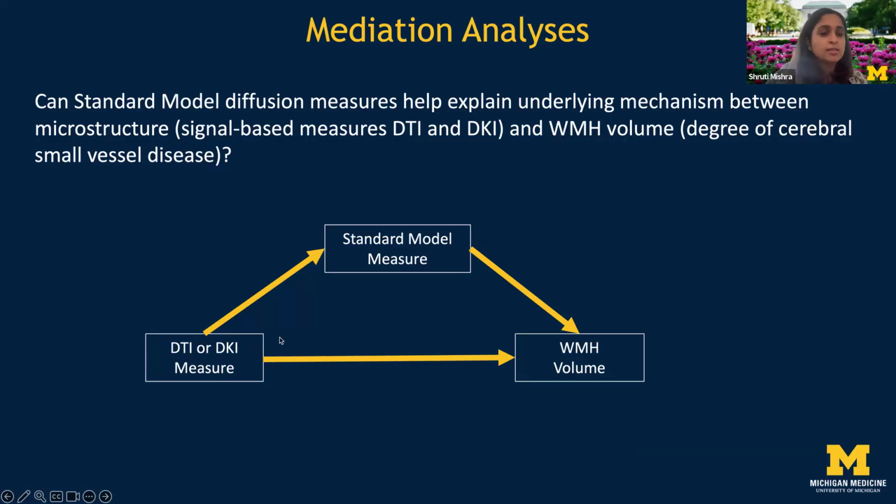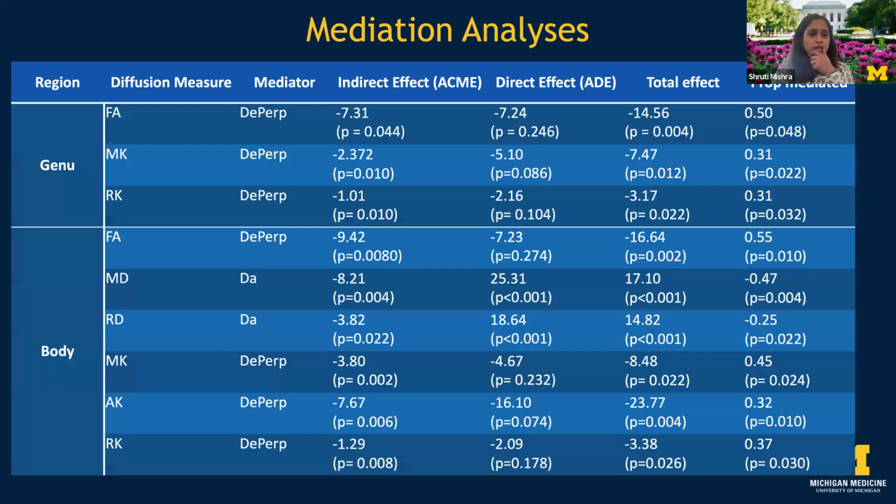Then we limited ourselves to the standard model measures where there was a significant relationship between the DTI or kurtosis measure and the standard model measure, and of that subset, which of these yielded a significant mediation. This is a busy slide, but I'm going to walk you through the significant results.